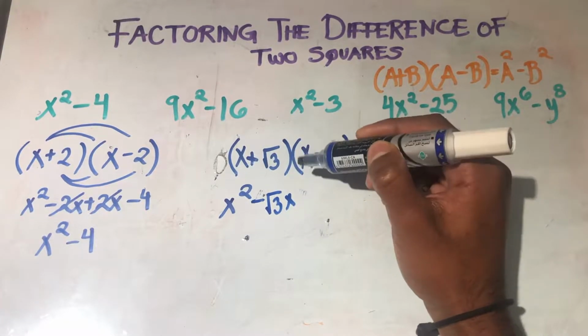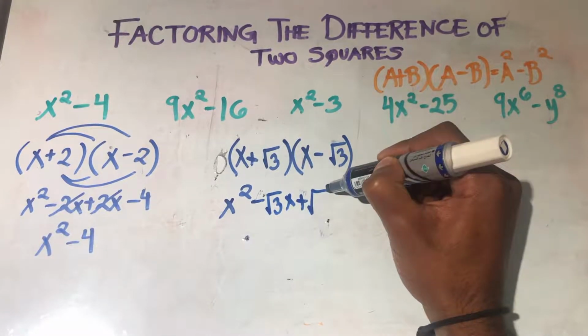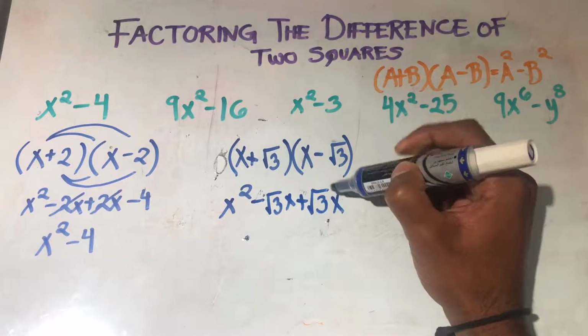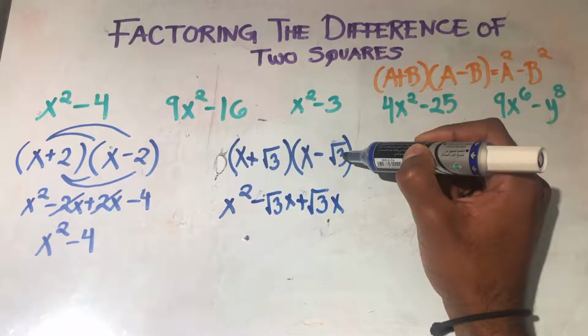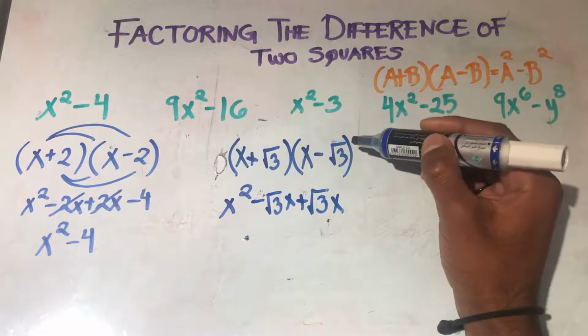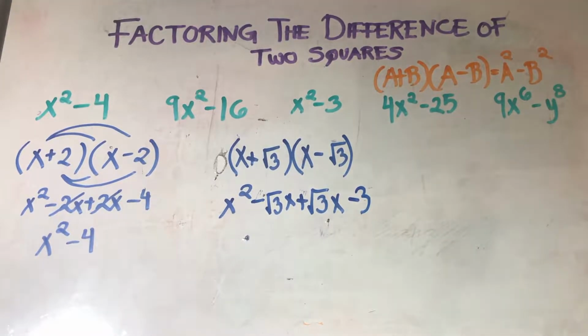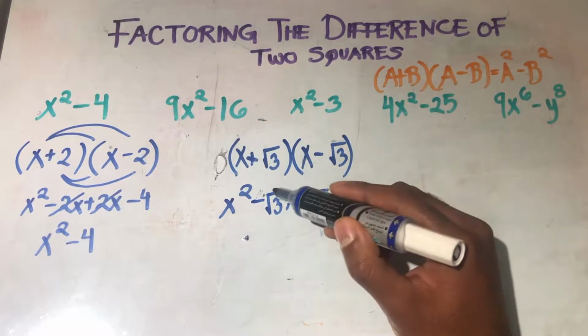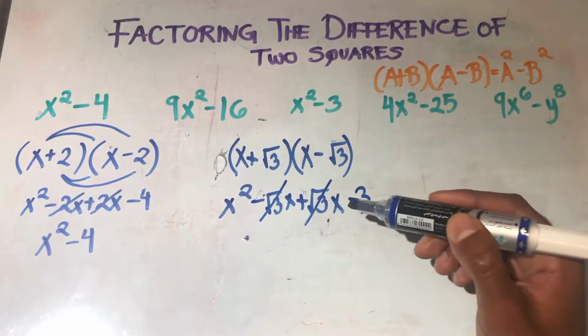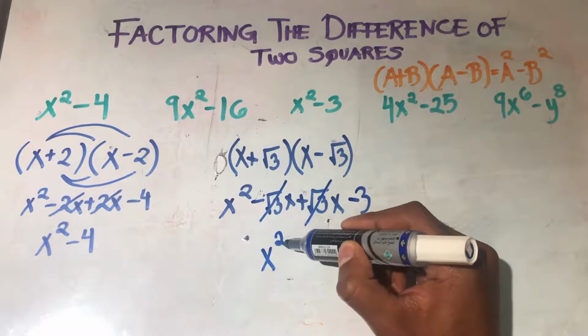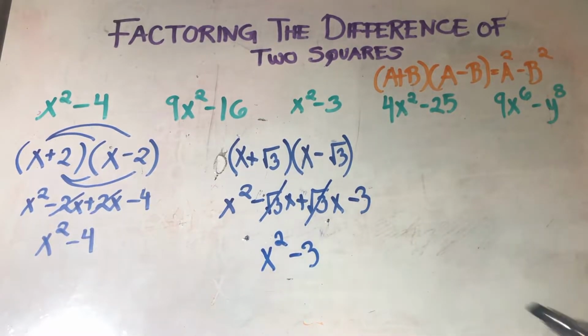And then root 3 times x is going to give us positive root 3x. And then root 3 times negative root 3 is just going to give us negative 3. Now you can see that those two terms are going to cancel, and then we're left with x squared minus 3.